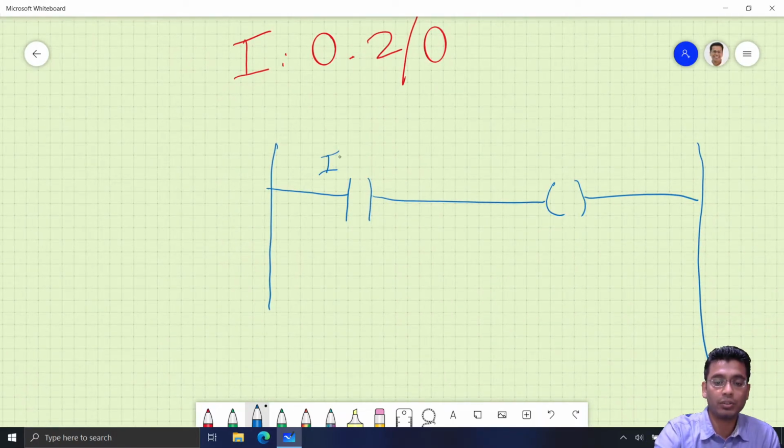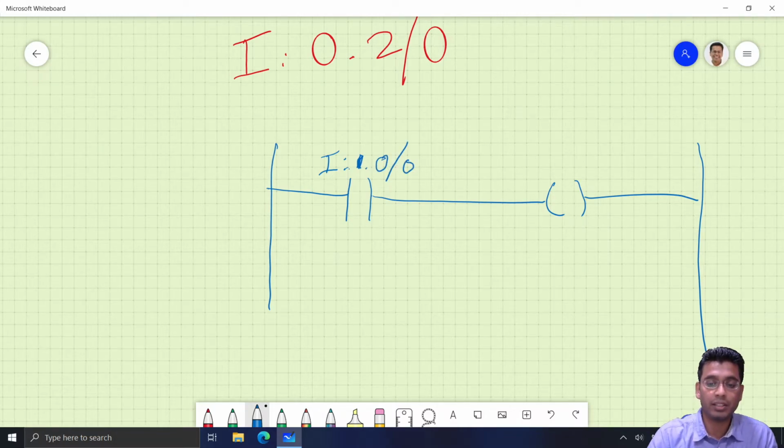What would be the addressing for this? I colon 1.0/0. Fine. Output would be what? O colon. It is in the third slot. 0 is the word, and what is the bit number? 1, isn't it?